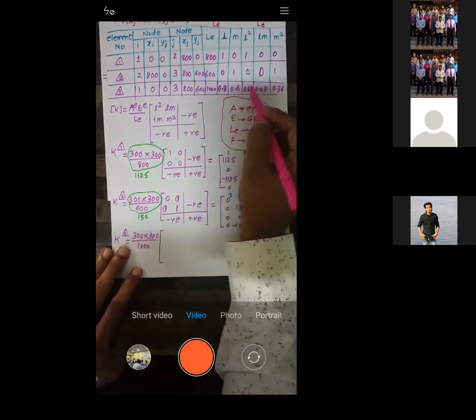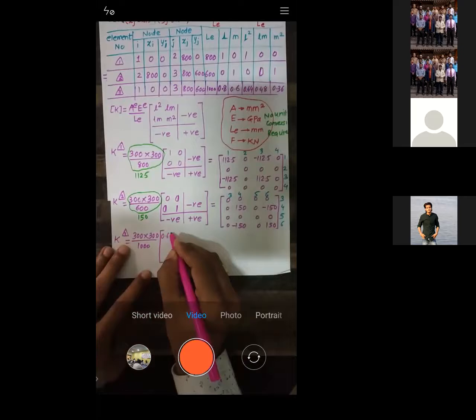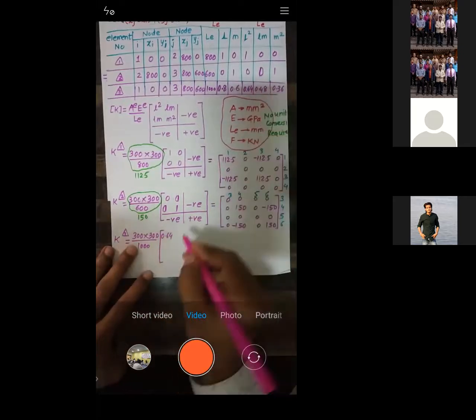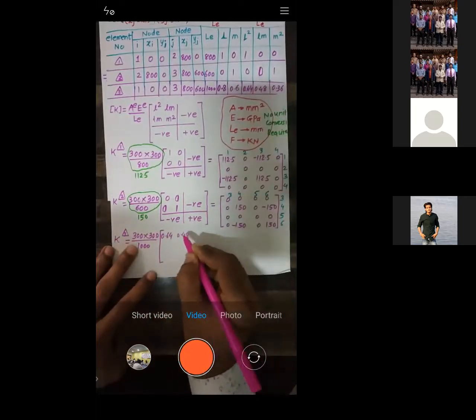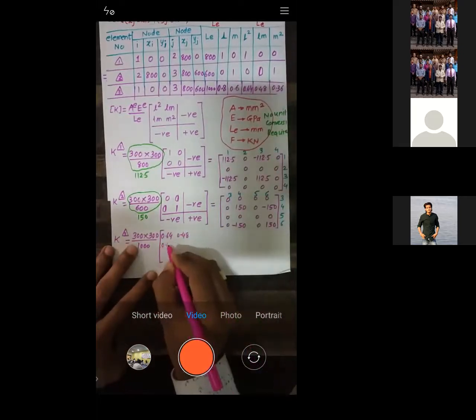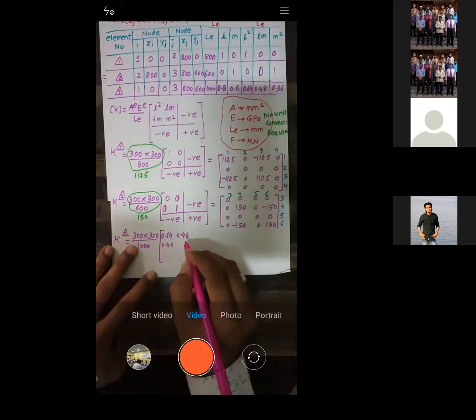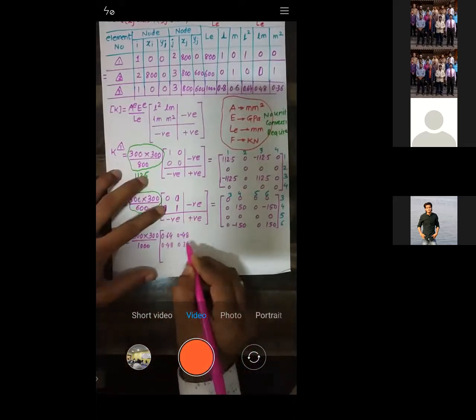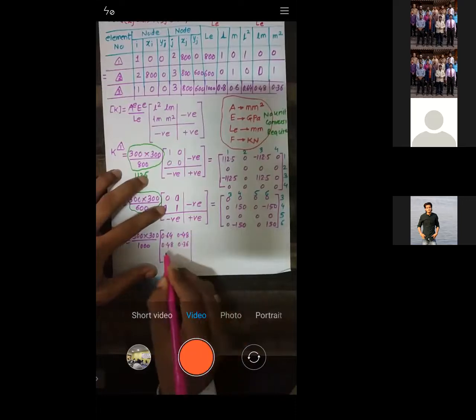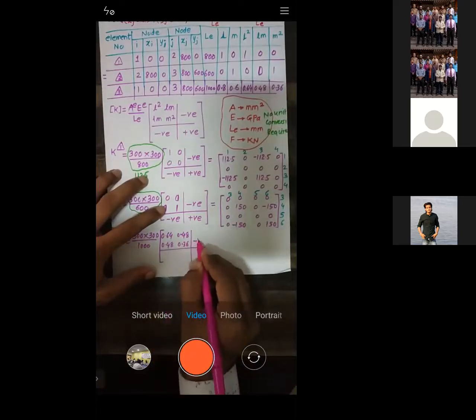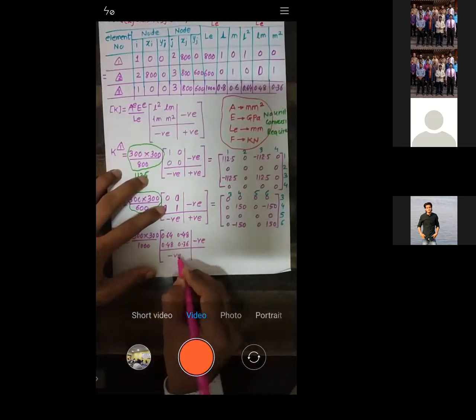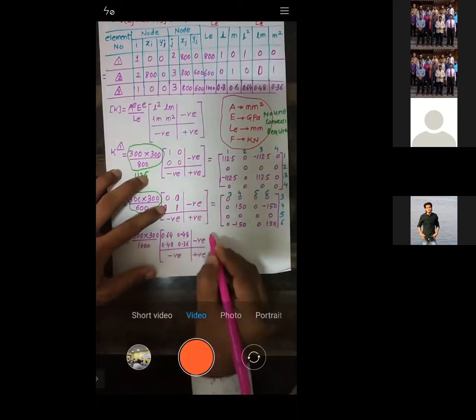L square is 0.64, Lm is 0.48, again Lm is 0.48, and M square is 0.36. Here we have negatives, and here we will have positives.